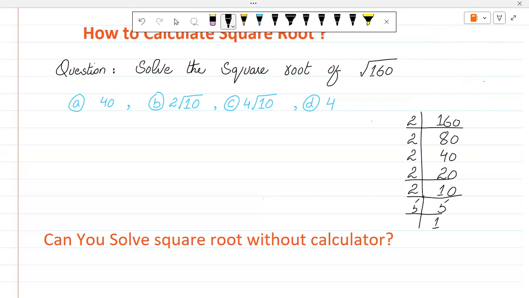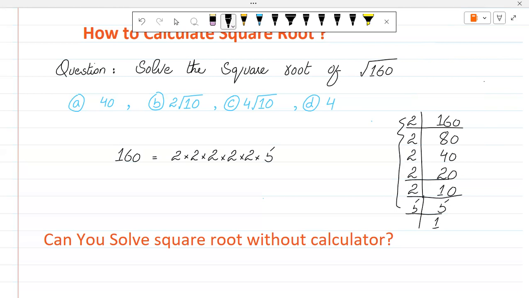So the LCM told us that this 160 can be written as 2 multiplied by 2 multiplied by 2 multiplied by 2 multiplied by 2 multiplied by 5. These are all prime numbers: 5 is a prime, and 2 is a prime.